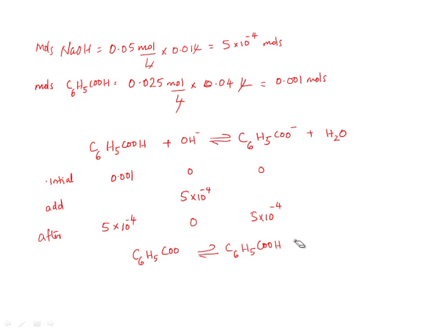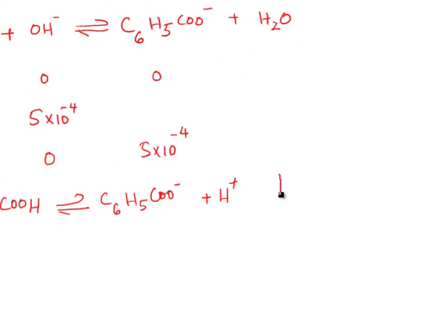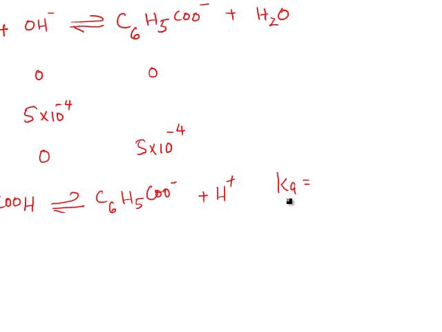So benzoic acid dissociating to benzoate and H plus. This is the acid dissociation, and Ka is given to us. Ka is 6.3 into 10 to the power negative 5.